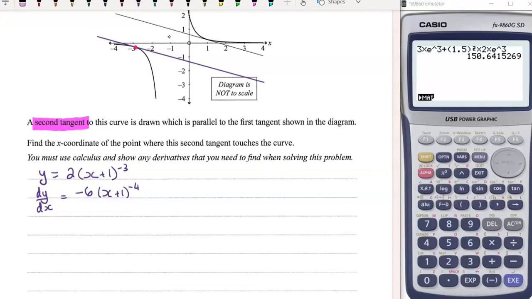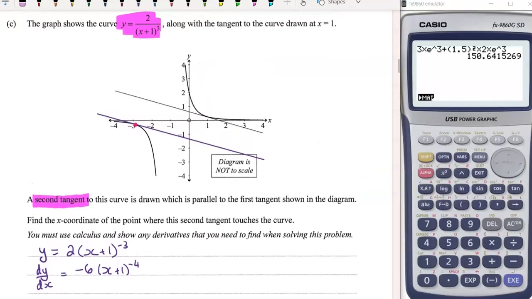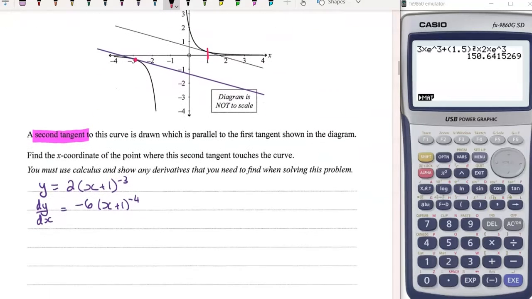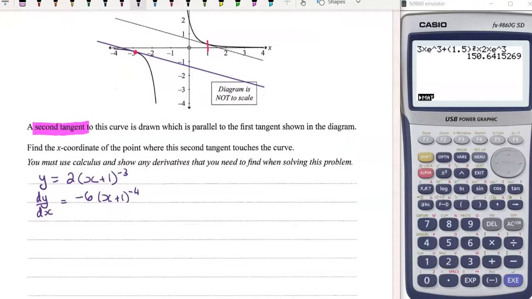Now we're told in the question that this first tangent is happening when x equals 1. So this right here is happening at x equals 1 there. And our second tangent will match that gradient. So when x equals 1, dy by dx will be equal to minus 6 over 1 plus 1 to the power of 4.